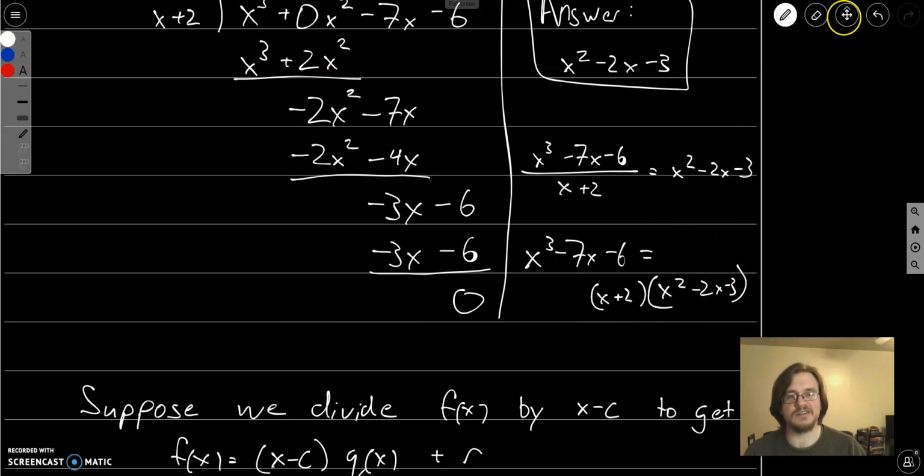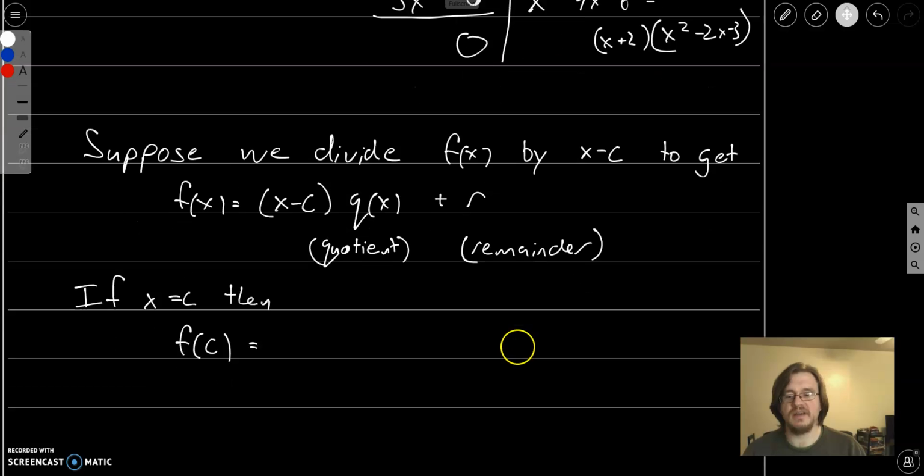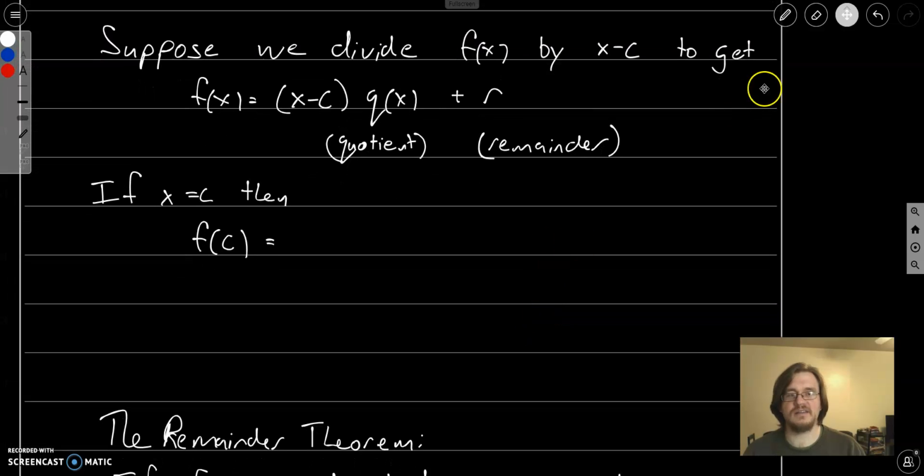This lets us factor these polynomials quite easily. As long as we're told what one of the factors is, we can find the other one. This is sort of a neat result. If we divide f of x by a very particular polynomial, if we divide f of x by x minus c, we get something nice.